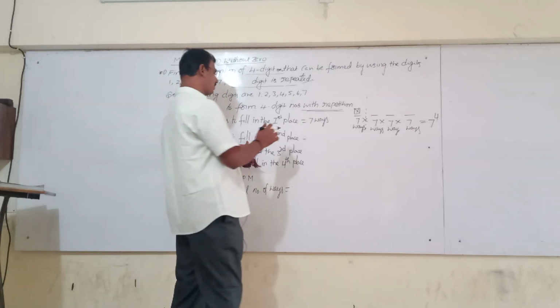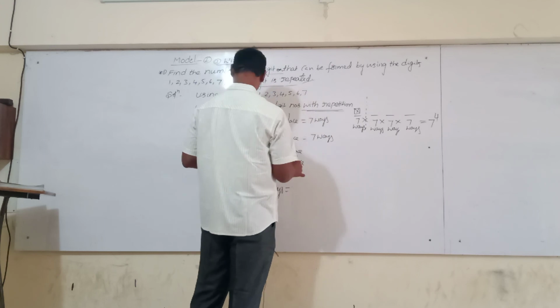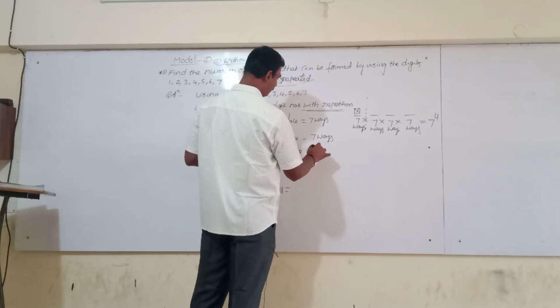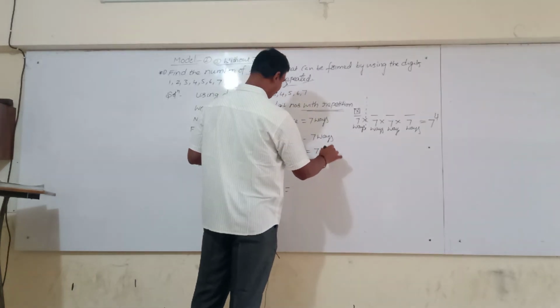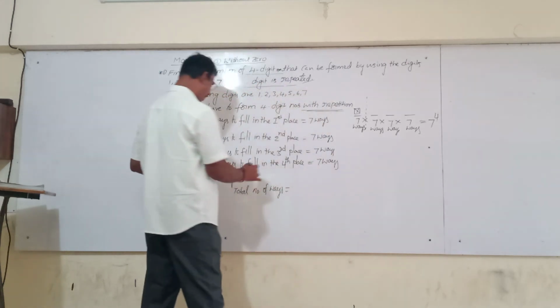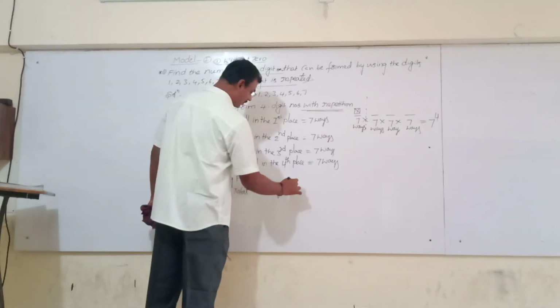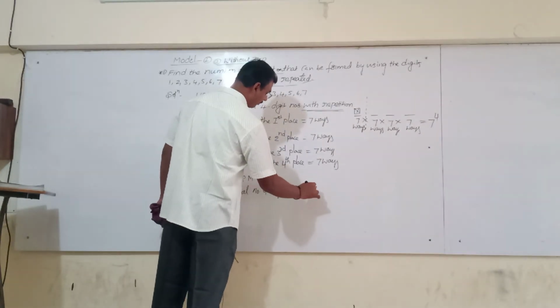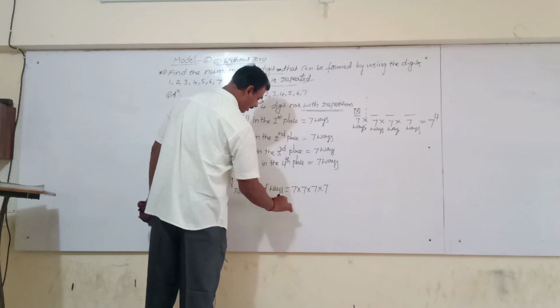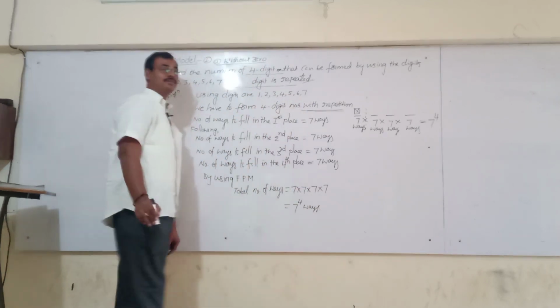The second place also 7 ways, third place also 7 ways, fourth place also 7 ways. So using the fundamental principle of multiplication, it is 7 into 7 into 7 into 7, which is equal to 7 raised to 4 ways. Clear this problem?